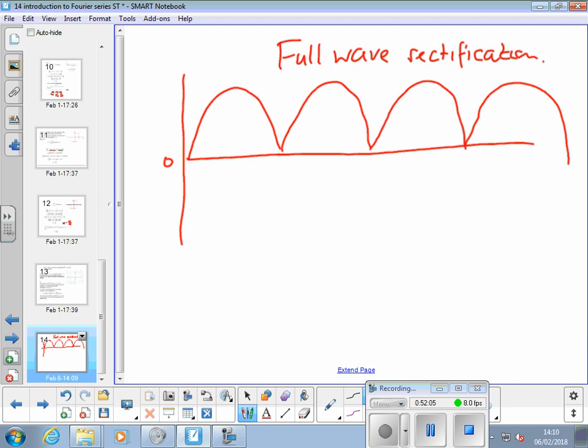So we've rectified our AC to DC. If this is a function 5 sine theta over 2, and bear in mind we've switched a little bit from time into angles, but that doesn't really matter for this example.